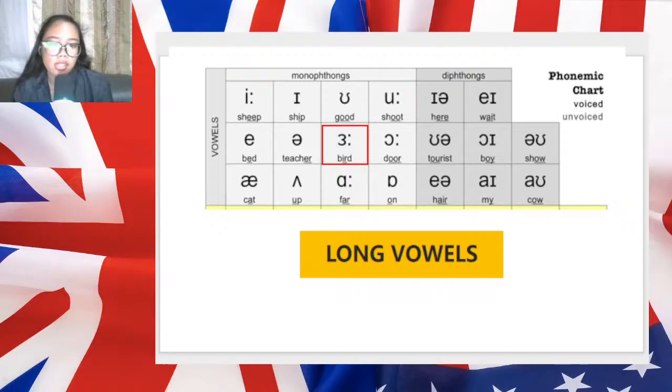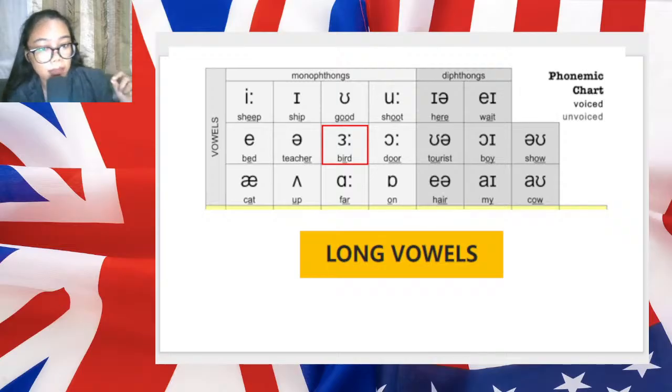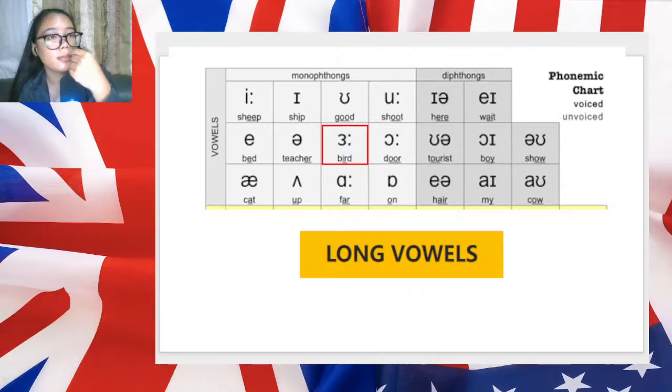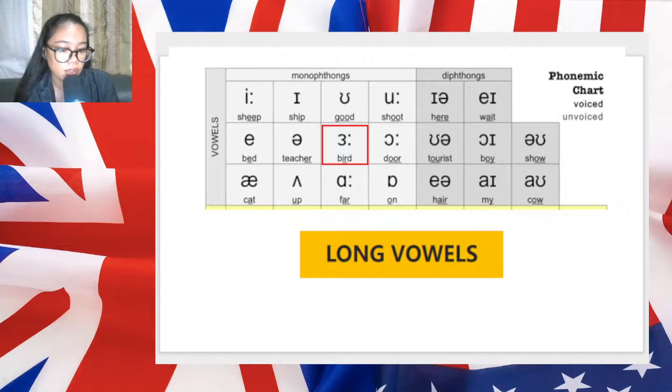And then the tongue position here, your tongue is in the middle of your mouth, and the sides of your tongue, take note, might lightly touch your upper back teeth. Okay? There's often a slight curling back of the tongue tip for the R quality, especially in American English, which has a rhotic characteristic.